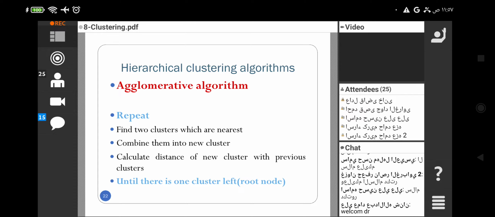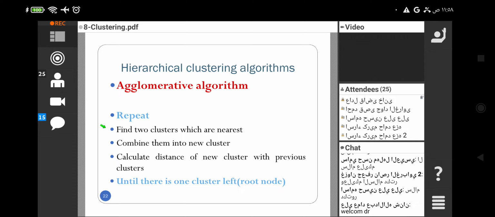In this loop, the first step is that we find two clusters which are nearest to each other, and we combine these two clusters into a new cluster, and then we calculate the distance of this new cluster with the previous clusters.